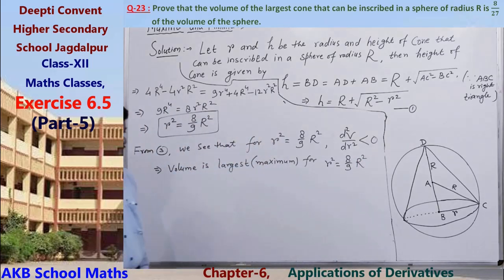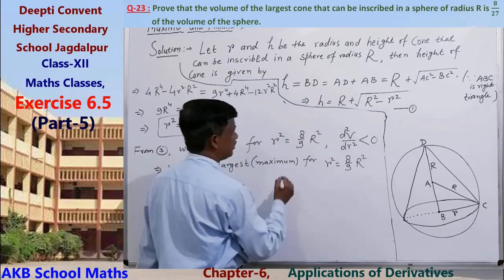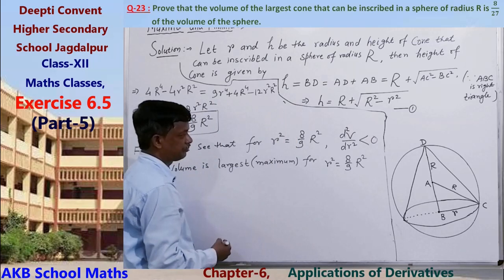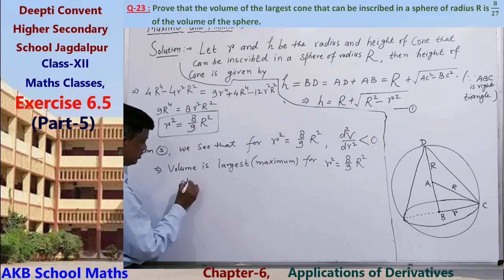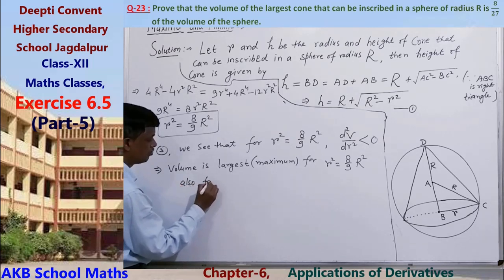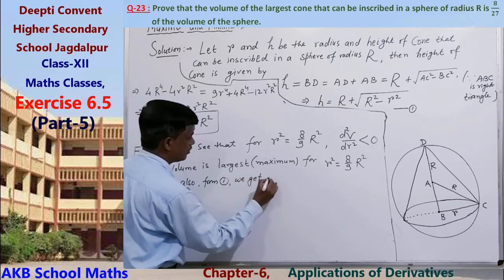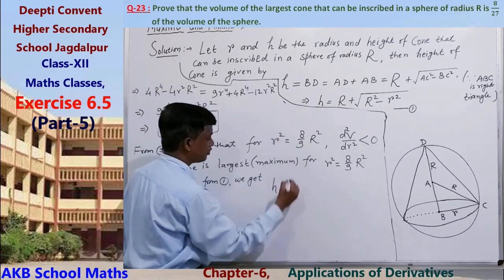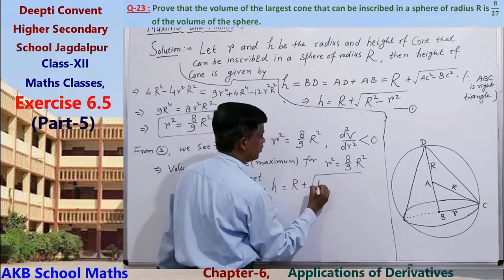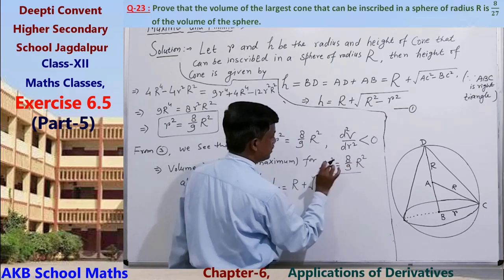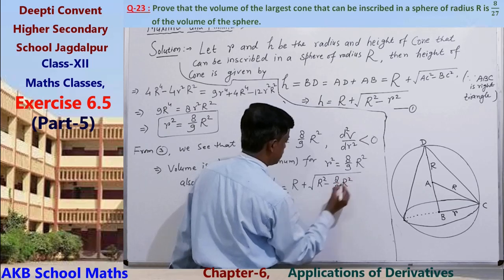Okay, and for this the height will be, we can solve it. Also from 1 we get h equals R plus root of R² minus r², where r² equals 8 by 9 capital R².